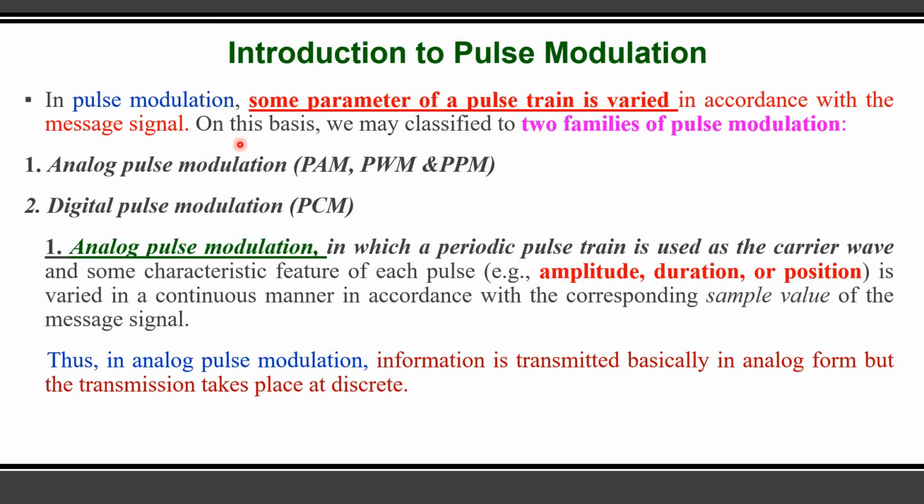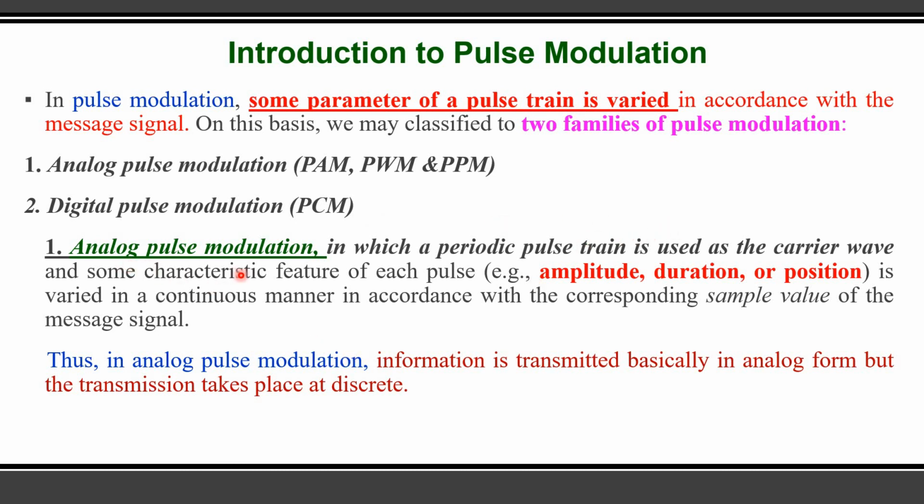Two different types are already mentioned. One is called analog pulse modulation, within which three types are available: pulse amplitude modulation, pulse width modulation, and pulse position modulation. In the digital pulse modulation technique, pulse code, delta, and differential pulse code modulation techniques are available.